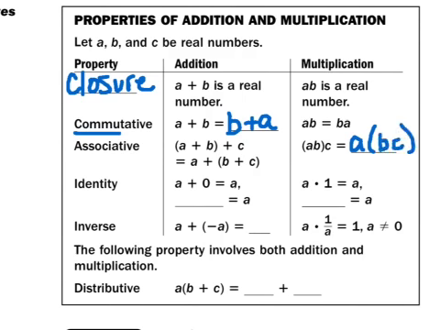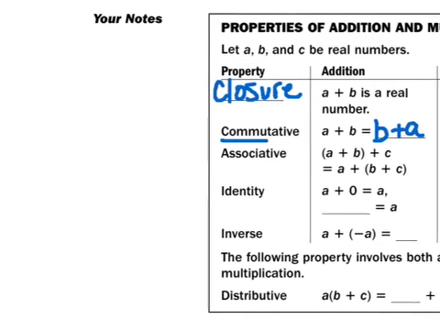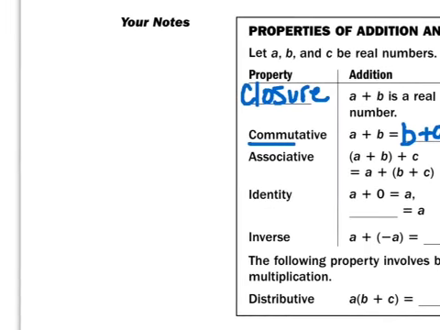A good example of this is when you were younger. Let me move the screen over just a little bit and get some empty space to write on. When you were younger, you probably learned not to say 1 plus 2 is 3 plus 9 is 12.